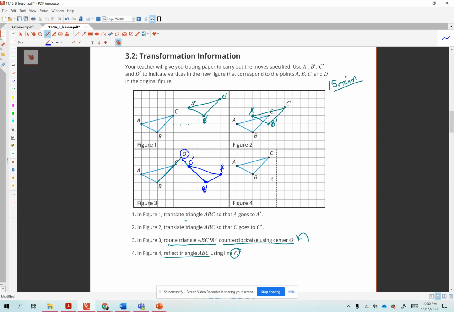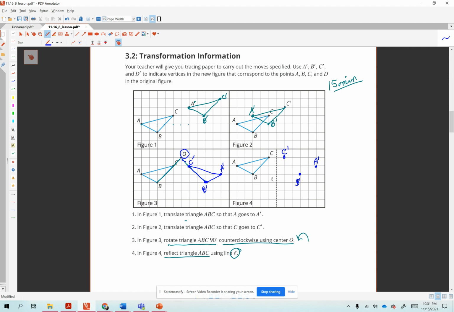And finally, for number 4, we're going to reflect triangle ABC across line L. So this is easy to do if we just do one point at a time. This would be C prime, B prime, over 2, up 1, A prime.